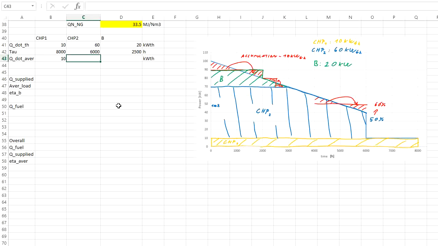The CHP2 is running for 3000 hours at the full power, hours times the full power of 60 kilowatts, plus 3000 hours times the power output of 60 plus 30 kilowatts divided by 2, and this divided by the whole operating period of 6000 hours.